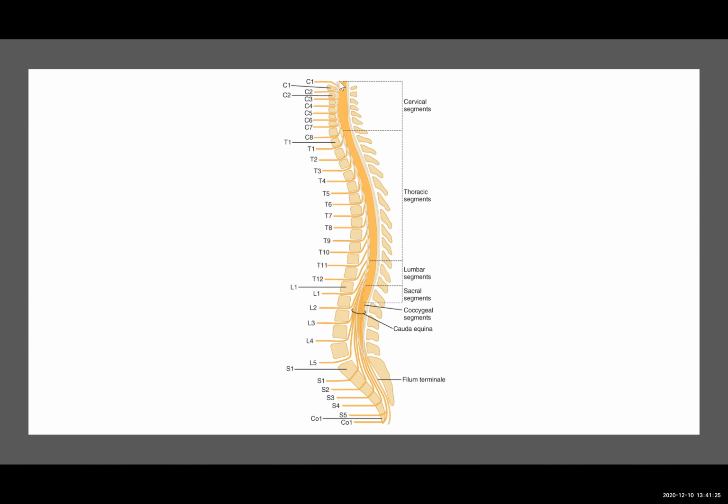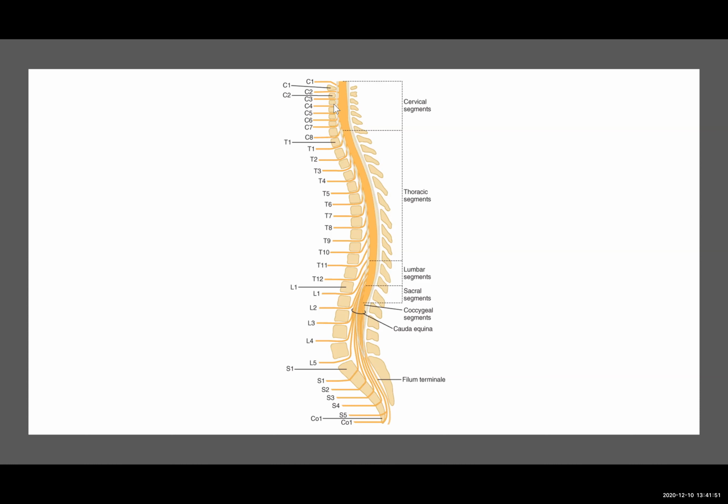Now, for the sake of this lecture, you can see that right around C5, or really more like C4, you see how it starts coming out slightly below the vertebral body. So if we have the C1 vertebral body, the C2 nerve is coming out right underneath that. Then the C2 vertebral body, C3 is coming out.